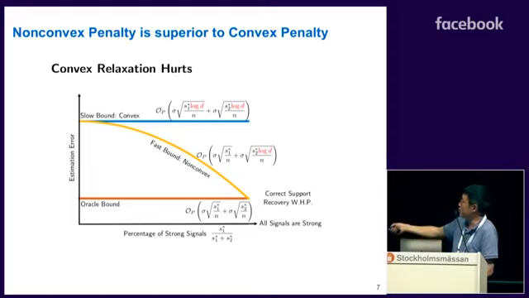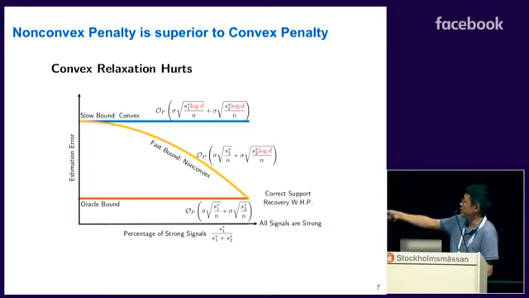Basically, the strong signals correspond to S1, and the weaker signals correspond to S2. So when the signals are all strong, then your rate, what we compute, is coming from here. At this point, it becomes optimal, without log D. So here you have the log D, here without log D, and this is what you can get. So our rate is in between, depending on how many signals are strong.